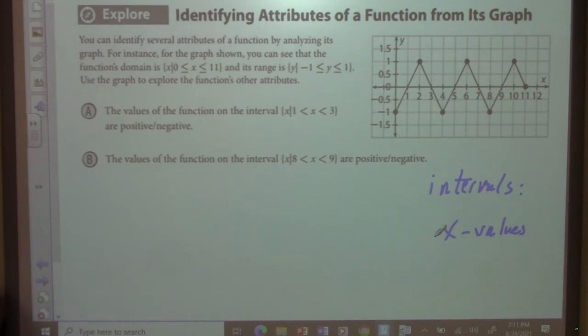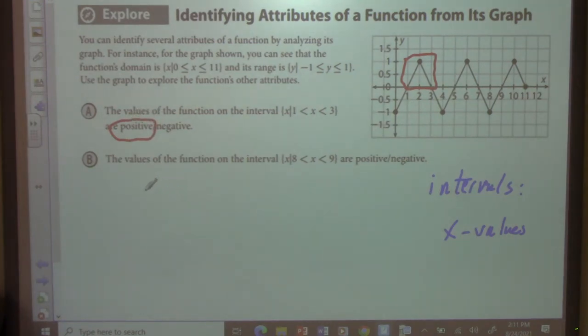So what this is asking is, if you look at the x values between x equals 1 and x equals 3, are the values of the function on the graph positive or negative? Positive, right? And one thing you can look at is they're positive because they're sitting right here above the x-axis, right? So positive is our answer for this one.